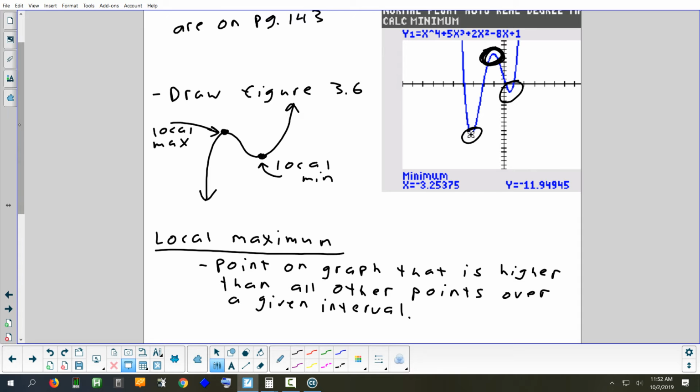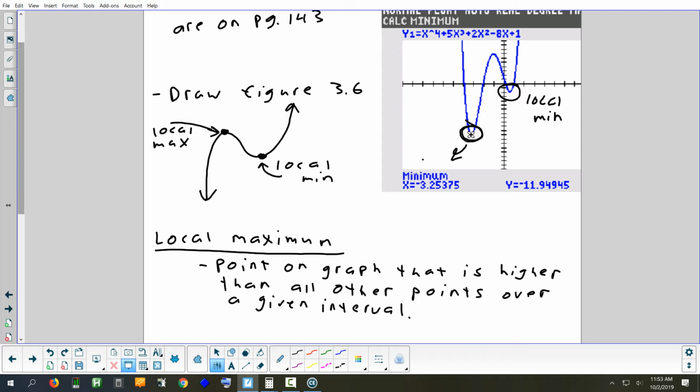So if you look at this graph, what I just circled is a local minimum. How about this? Is that lower than everything else around it? Yeah.